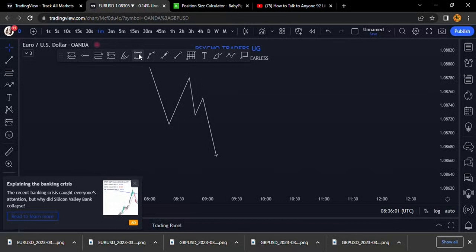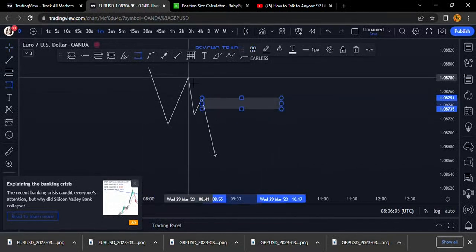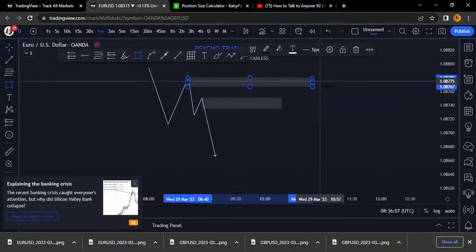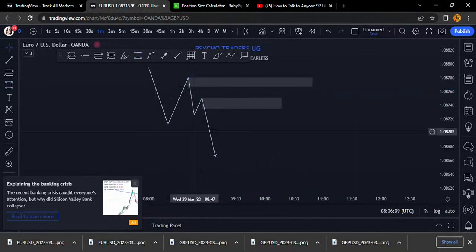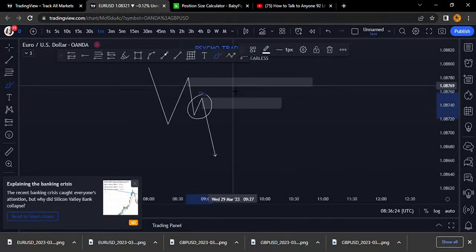We have this first zone here, the zone that broke structure, and also the extreme zone. So what are these two zones? As you guys are seeing, there was a range that was formed before price broke this structure. So that's a very good zone to sell from, and also the extreme.